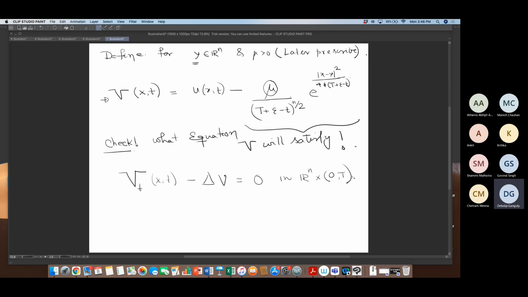U satisfies this equation, no problem. And why will this be satisfied by this one?